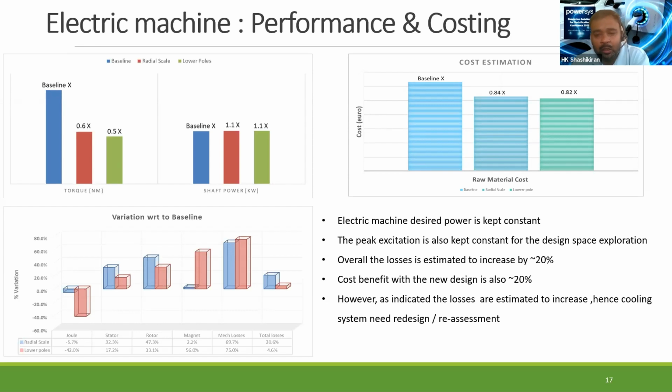So the raw material cost may come down for the machine, but we are sure that there will be some additions on the cooling requirement, so that has to be reassessed. The losses numbers say that we have reduced the losses, but we also reduced the overall surface area, so there will be a slight increase in the overall cooling requirement or a cooling redesign. But on the raw material side, we are able to reduce maybe 20% of the cost.